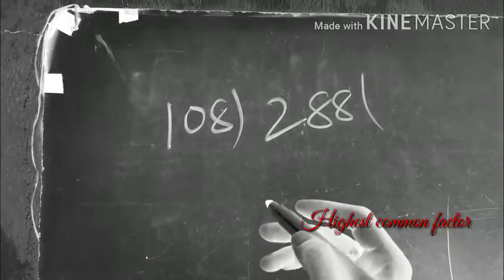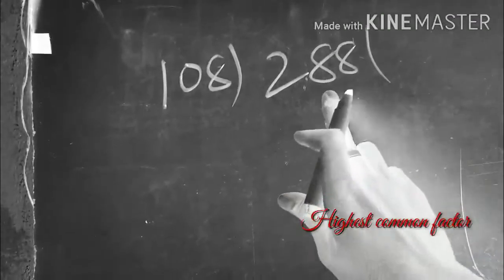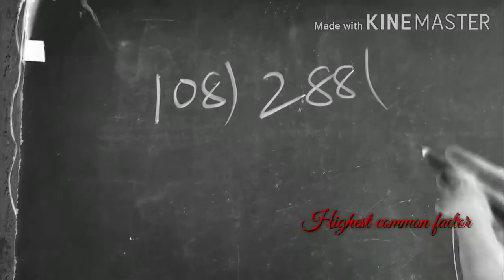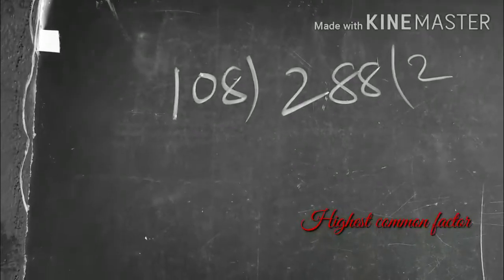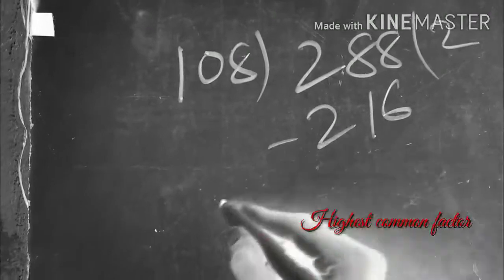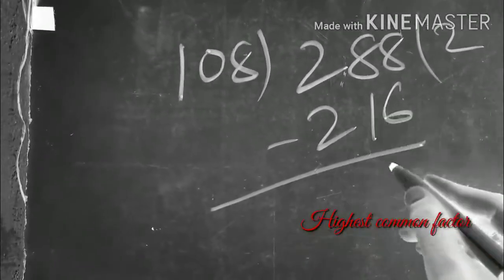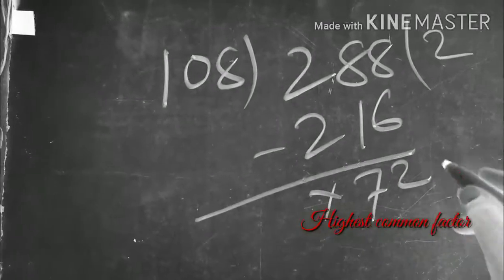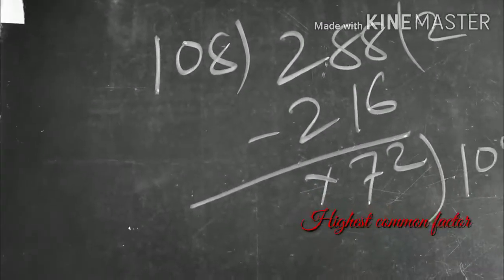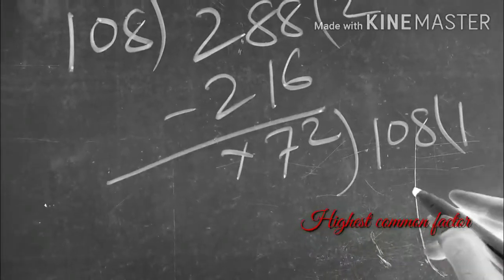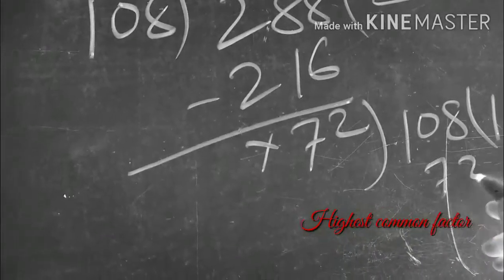288 divides 504. So 2 times 288 is 576, 216 will come. Subtract. This 108 will come here. 72, 1 time 72.